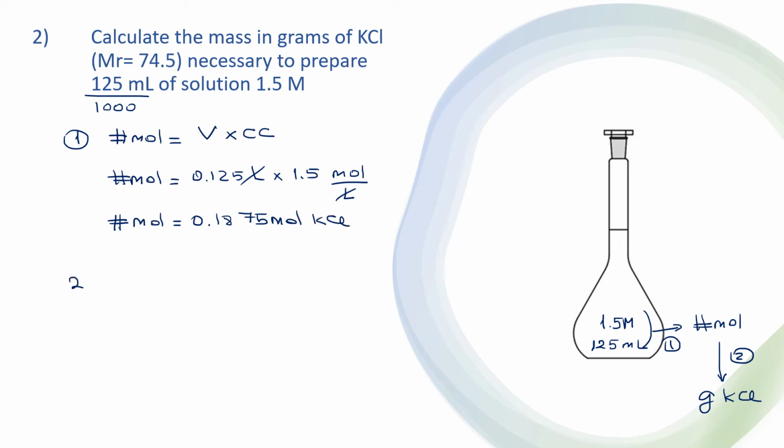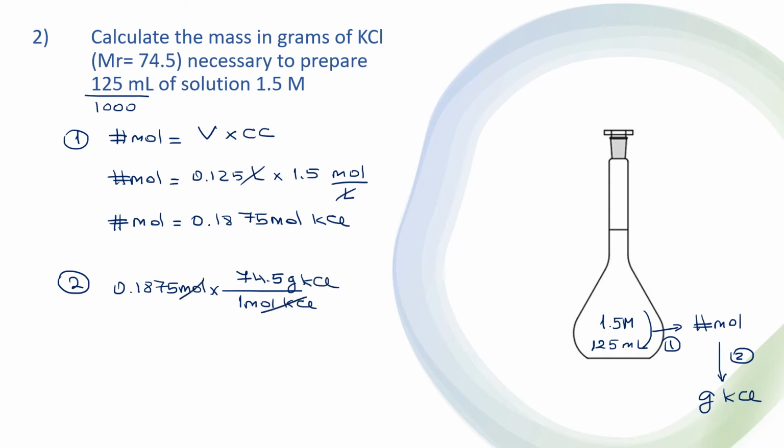In step 2, we need to take this amount of moles and pass that into mass. So I have 0.1875 moles, and I know that 1 mole of potassium chloride is 74.5 grams of potassium chloride.